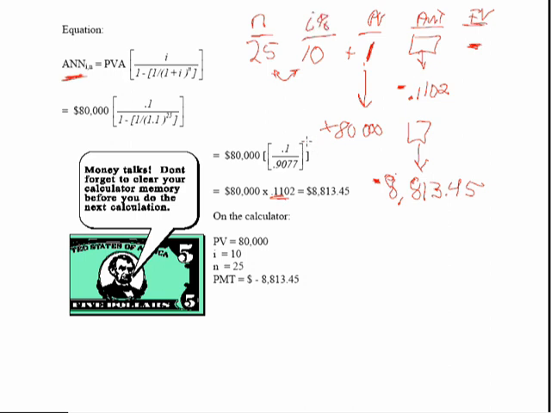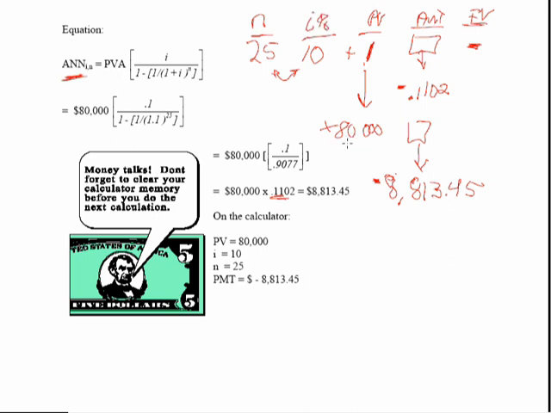The sign notation makes sense because what we're doing is borrowing 80,000. So when you think about signs in these problems, think about money coming into your pocket or money going out of your pocket. With a mortgage, if we're borrowing money, homeowners get $80,000 when they borrow from the lender, the bank.